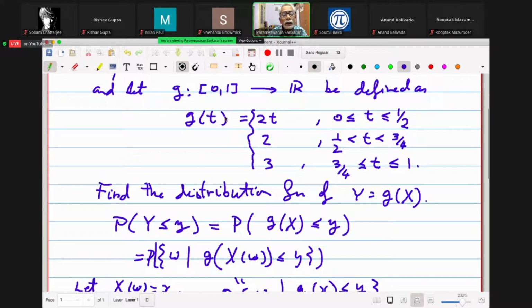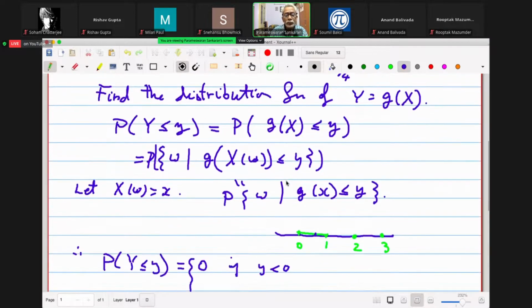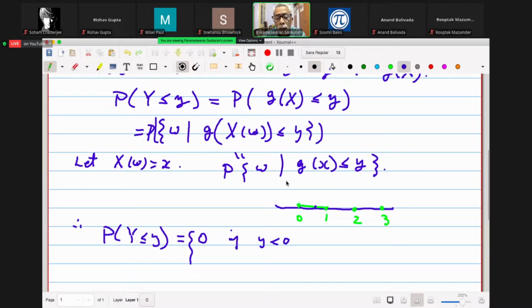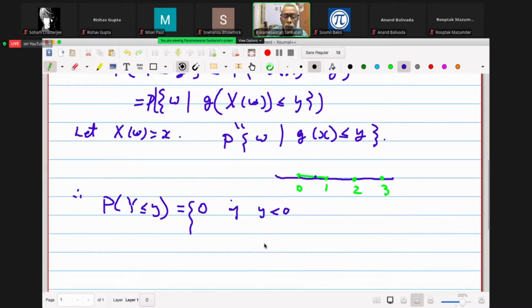So it's like g of x, that is 2t equals y. That's a portion that is going to be relevant. So now let us suppose that 0 is less than or equal to y less than or equal to 1, okay, then the inverse image will be exactly 0 to y by 2.